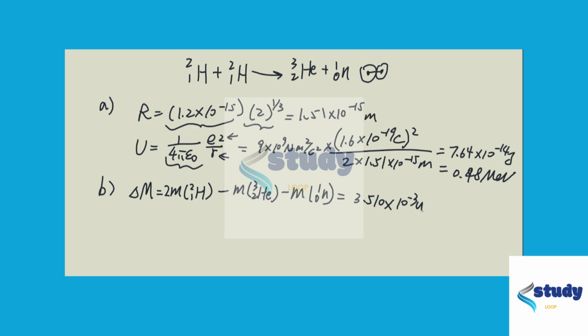So this corresponds, and we know each u is 931.5 MeV. If we use this conversion factor, 3.510 times 10 to the negative 3 u times 931.5 MeV per u, we're going to see that the total amount of energy that is produced is 3.270 MeV.